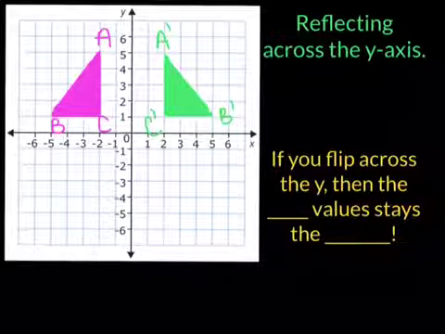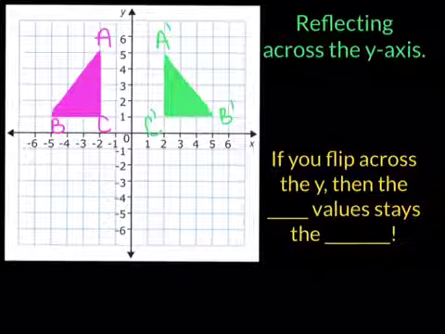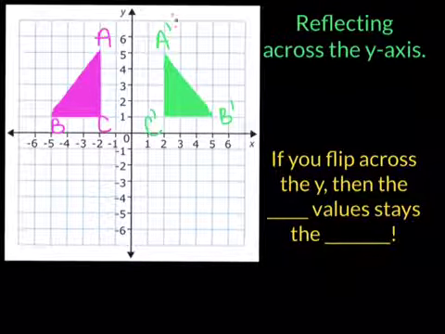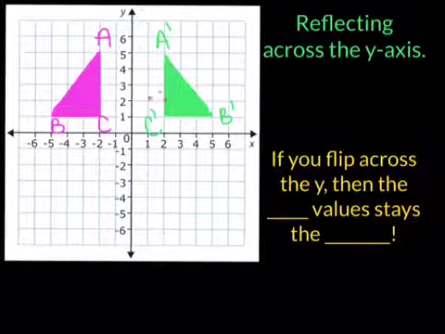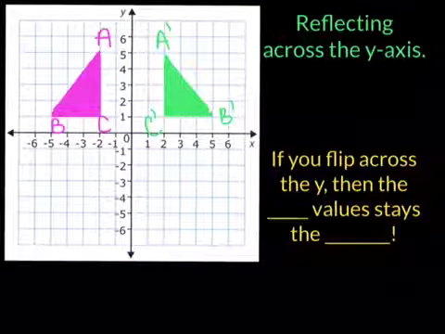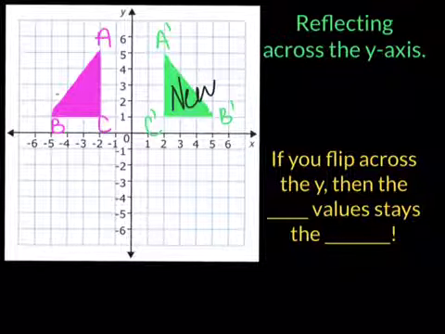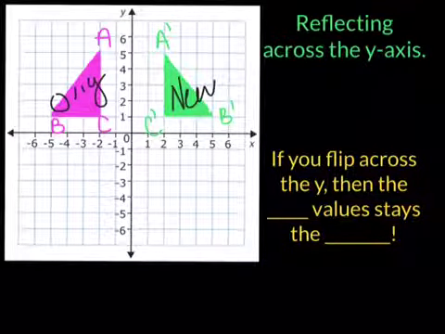How do I know which one is the new one? There's something specific that I'm looking for. Good. It's this little bitty prime symbol right here. It looks like an apostrophe. That prime symbol is what tells me that this is my new shape, okay? So, this is my new one, which makes the pink one my original, okay?